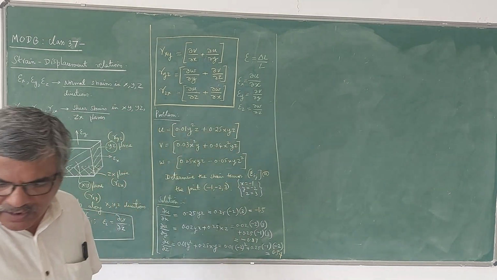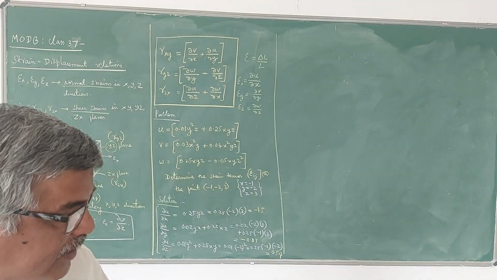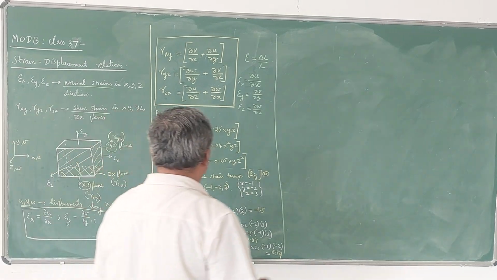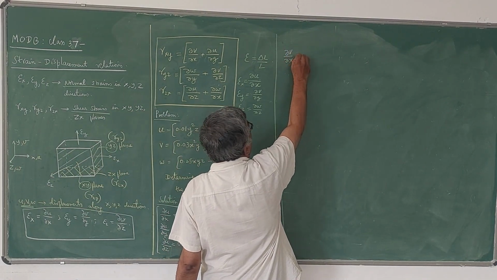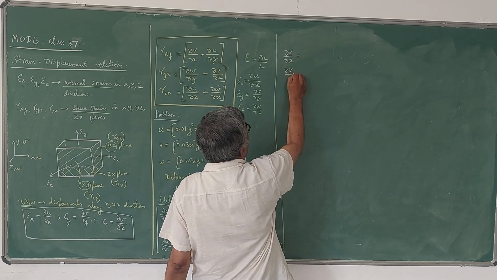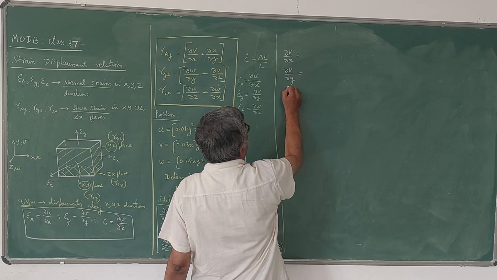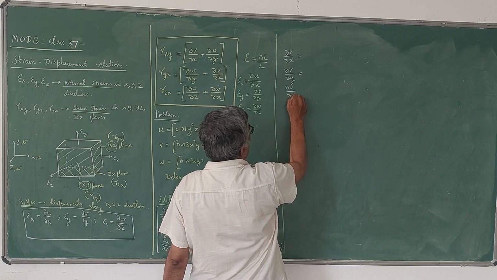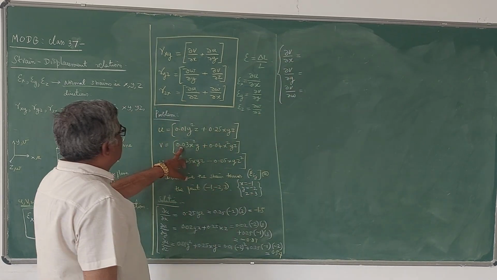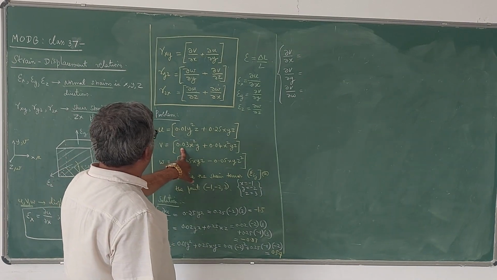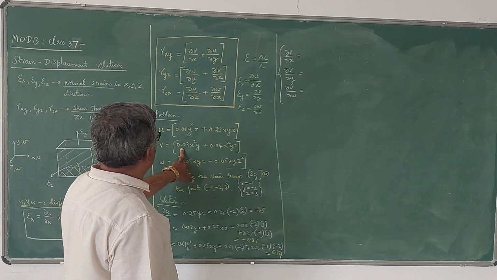Next, I will take the second function, that is v. Once again I will partially differentiate v with respect to x, v with respect to y and v with respect to z. So these three we will calculate now. When you are differentiating v with respect to x, y and z are constants.